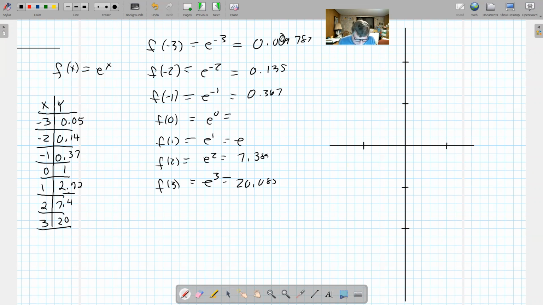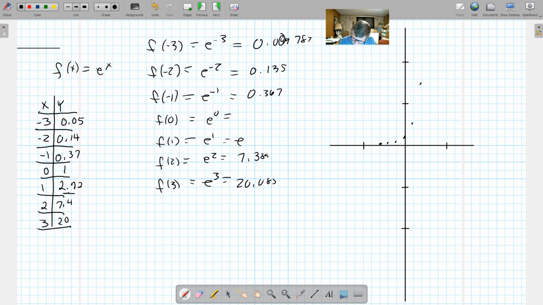So let's see, when x is -3, y is 0.05. That's going to be darn close to the x-axis. At -2 we go to 0.14, which is roughly a 1/7, so we'll go up a little bit. And then at -1 we're about a 1/3, and then we're at 1. When x is 1, y is 2.72. When x is 2, y is 7.4.